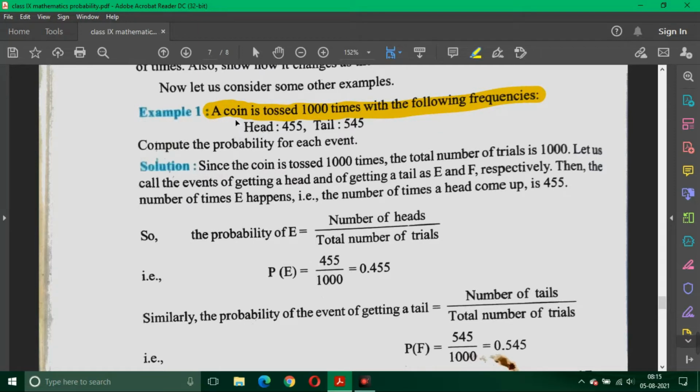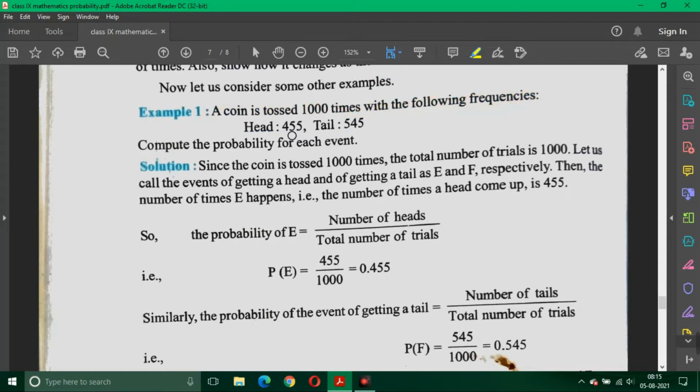What is the question? As it is a word-based question, and as usual I say, you have to understand the meaning of the word-based question before solving it. Now the question says a coin is tossed 1000 times, with the following frequencies.